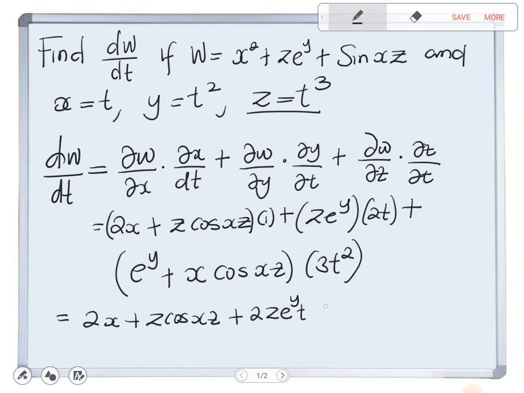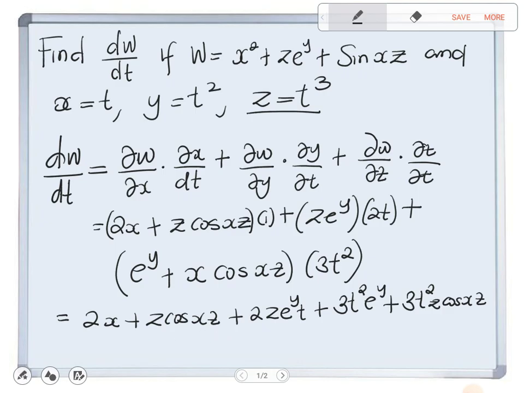Then here we have a 3, so we have 3t squared, which can multiply e to the power y. Then plus we still have this part here, which can be multiplied by 3t squared, x cos xz.